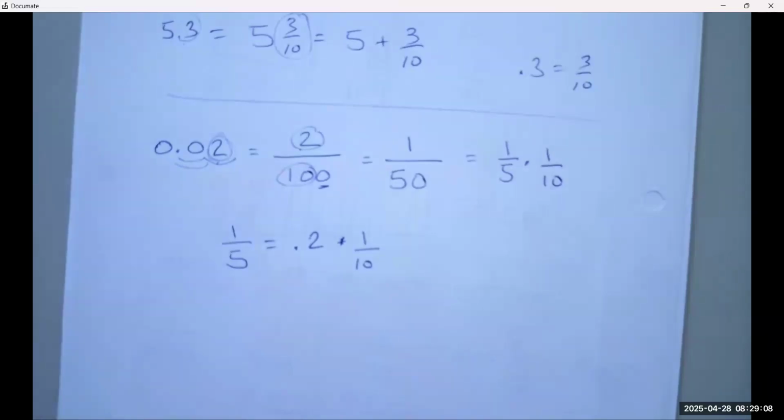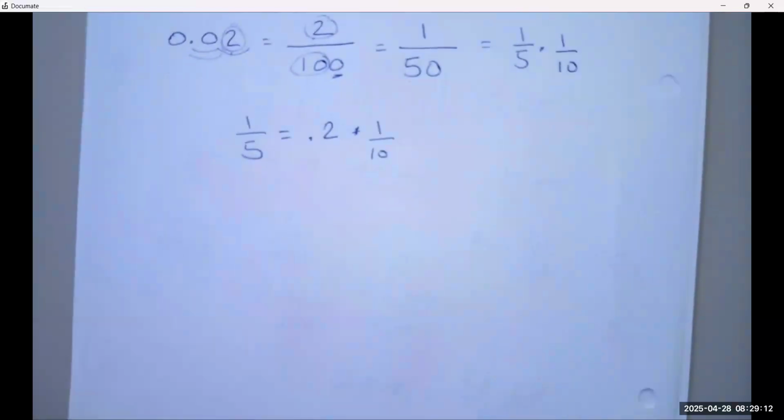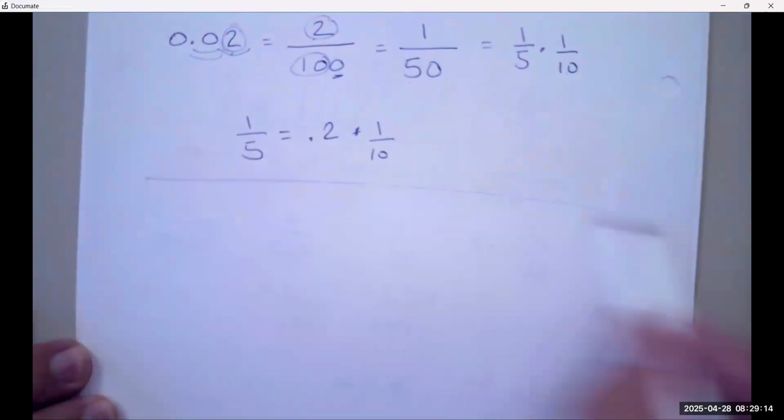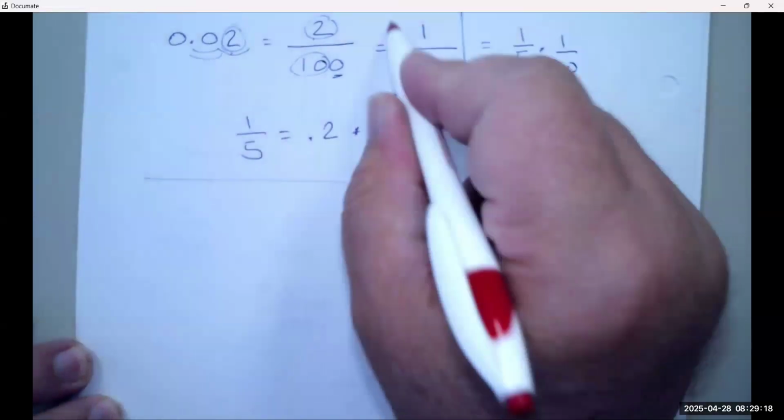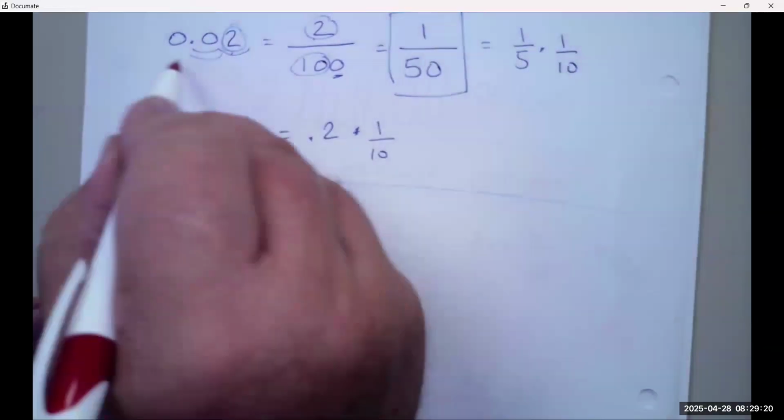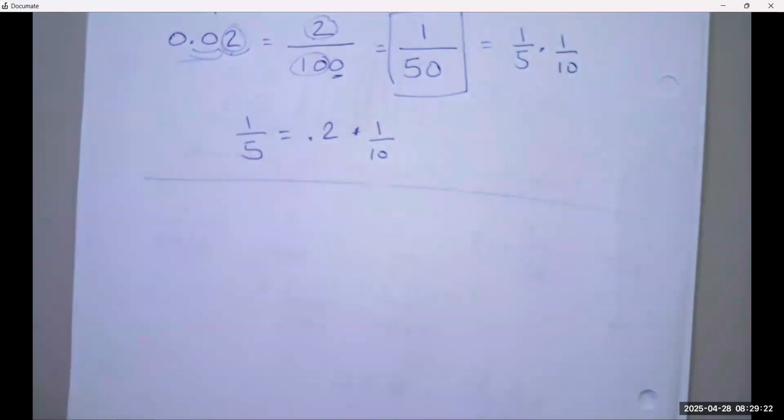Yeah, so again, in mathematics, there's always more than one way to solve the answer. So if we just wanted a fraction from this decimal, that's what we do. But we have to explain to them what it means.